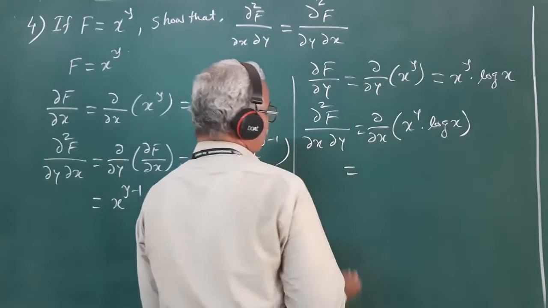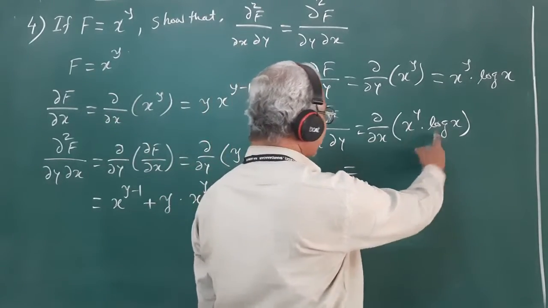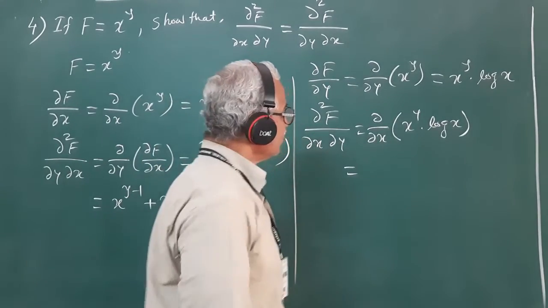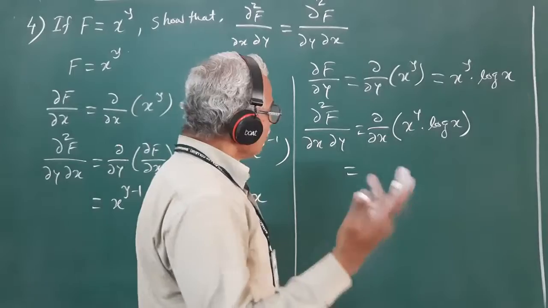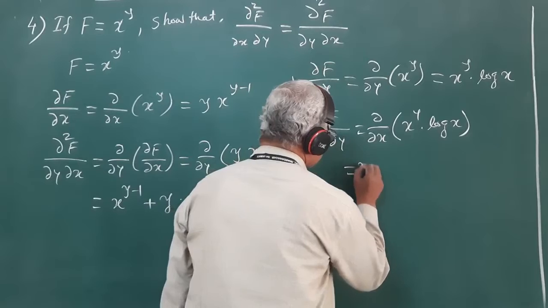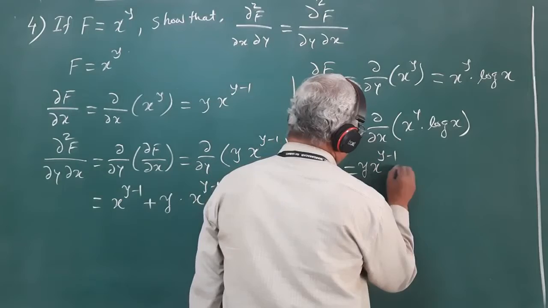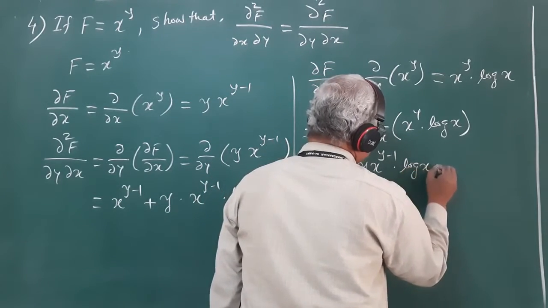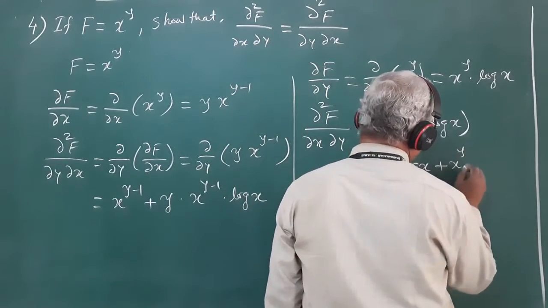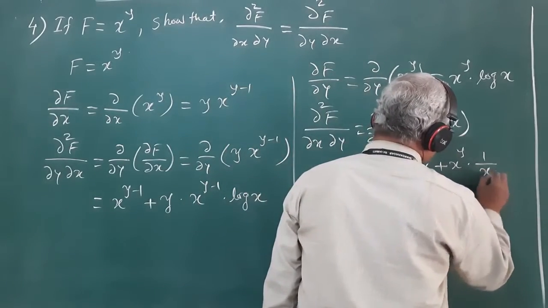Here there are two terms appearing in the product containing x, and we want to differentiate this product with respect to x, so we can apply the product rule for differentiation. Differentiating first, we get y x raised to y minus 1 into log x, plus x raised to y as it is into the differentiation of log x, which is 1 upon x.